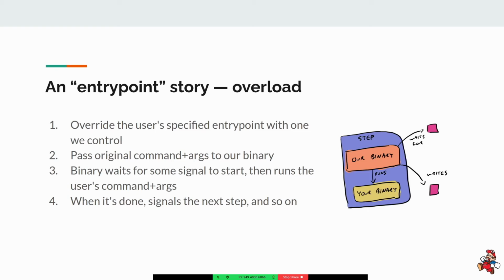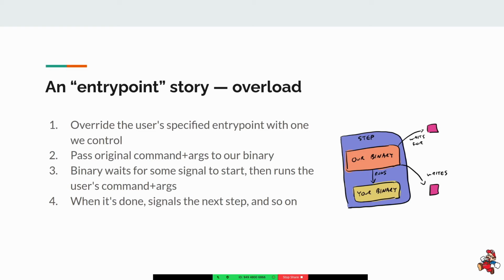And thus the third step is that our binary is waiting for some signal to start. We are using files from previous steps, if there's any previous. And if we get the signal, we just run the initial command that the user provided. When it's done, we can gather the result, so whether it failed or not, which exit code it was, and signal the next step.